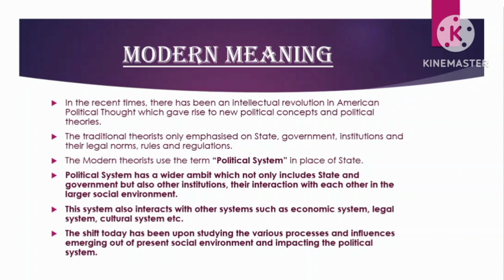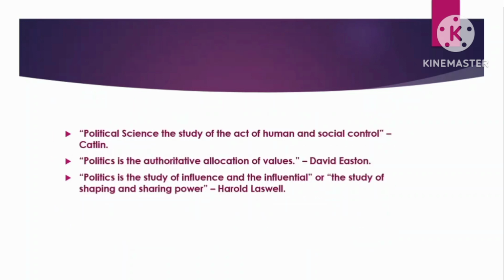So today the meaning and definition of political science has changed. According to this modern view, political science is called the study of the act of human and social control. This definition has been given by Catlin, who says that the study of the act of human and social control is termed political science.